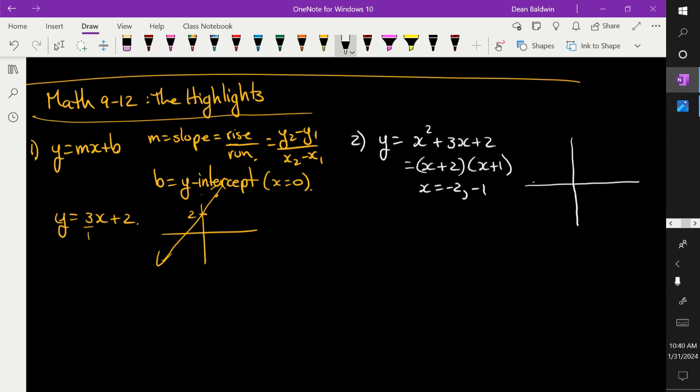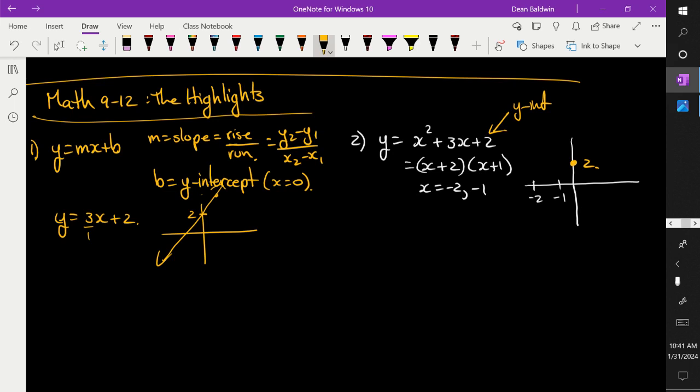With intercepts of -2, -1. What's the y-intercept on a parabola? How do you know that from just looking at the equation? Turn x to 0, so it's always the constant term, right? So this is the y-intercept, which is 2.